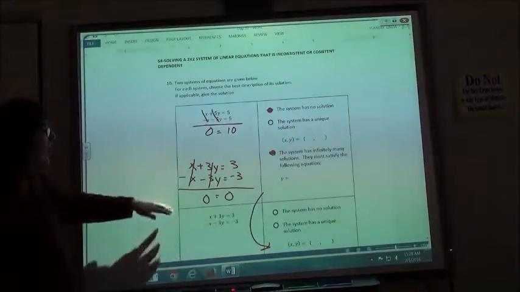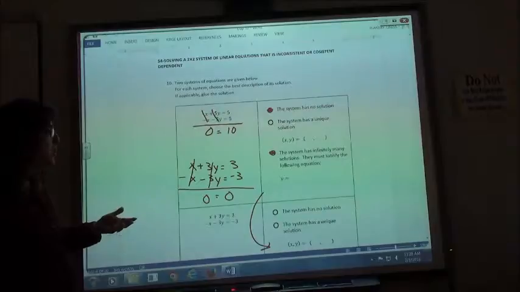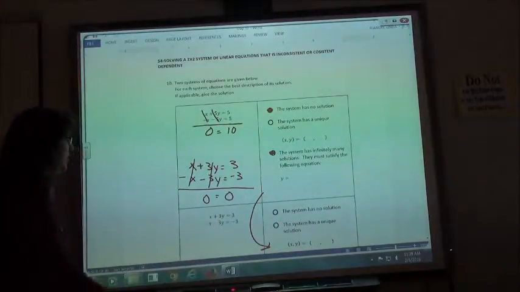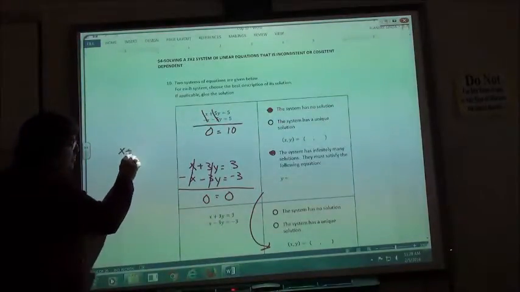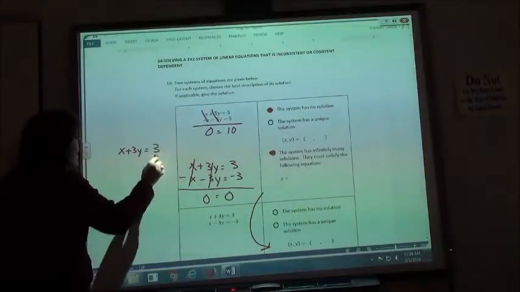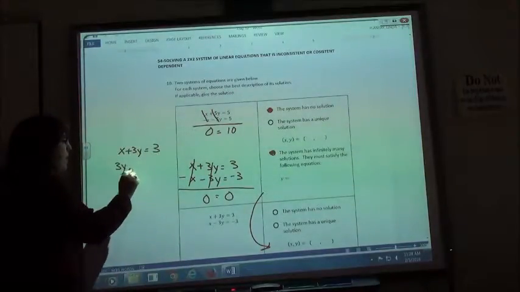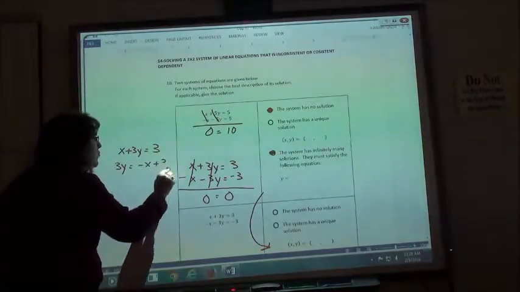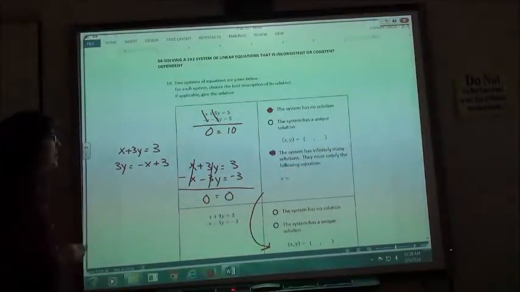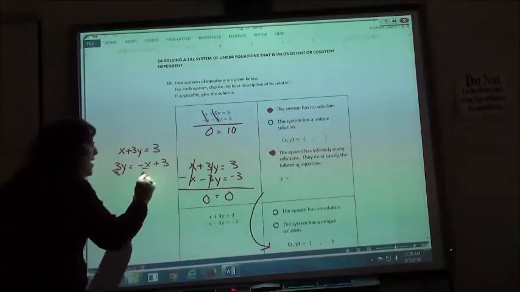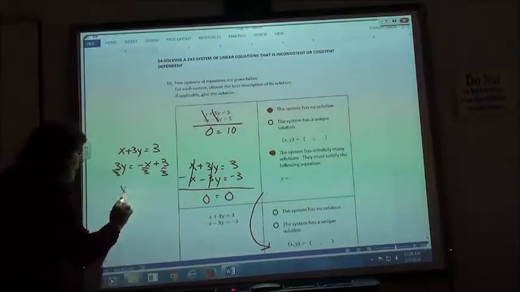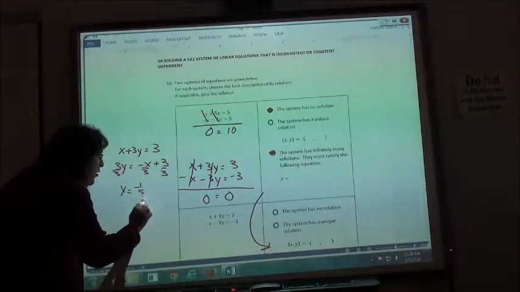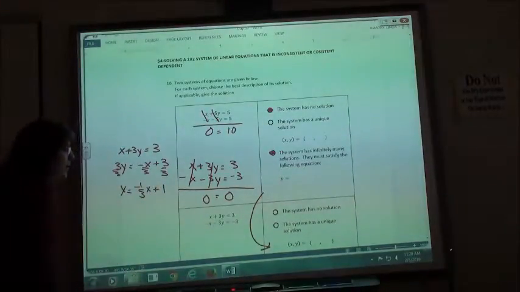Then they're going to have you solve one of your equations for y. I'm just going to use that top equation, x plus 3y equals 3. So 3y would equal negative x plus 3, moving my x to the other side. I then divide by 3, so y equals negative 1/3 x plus 1.